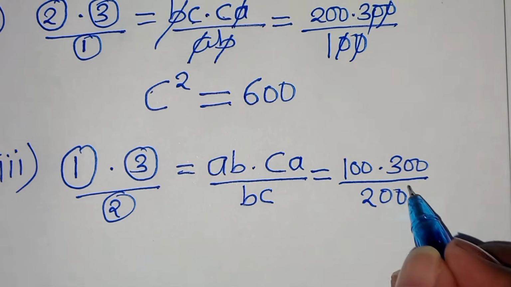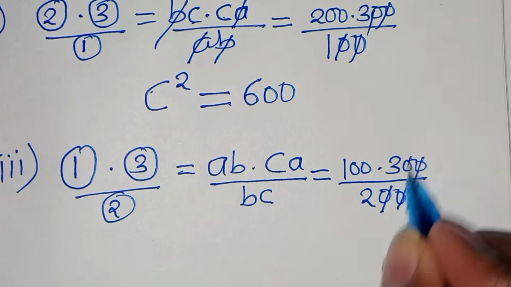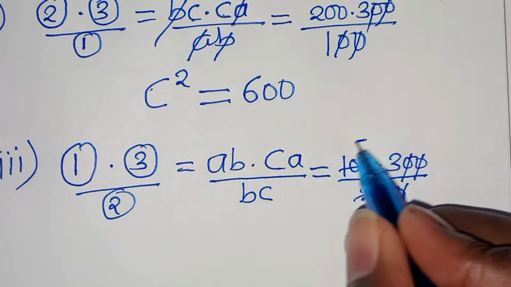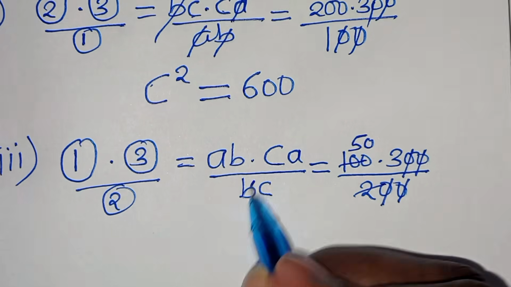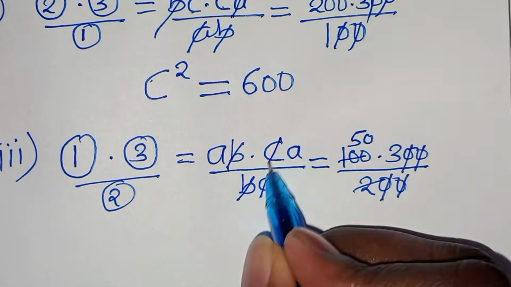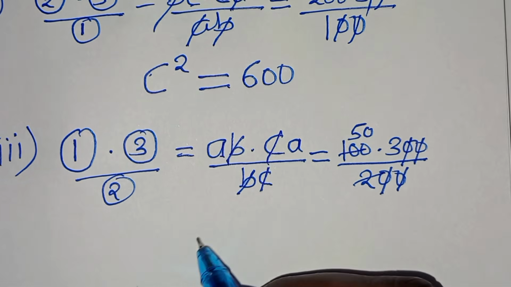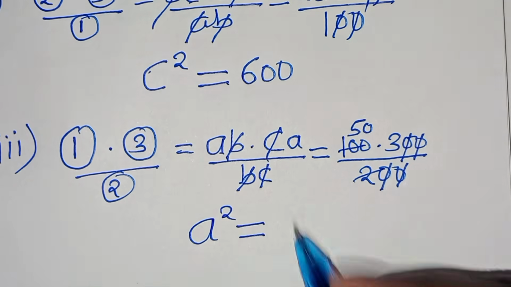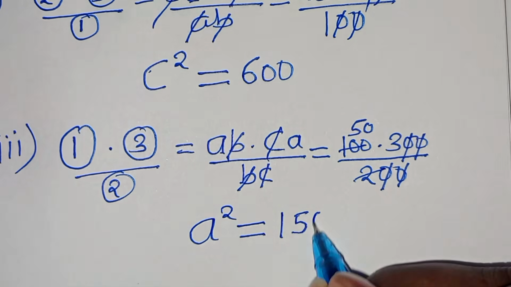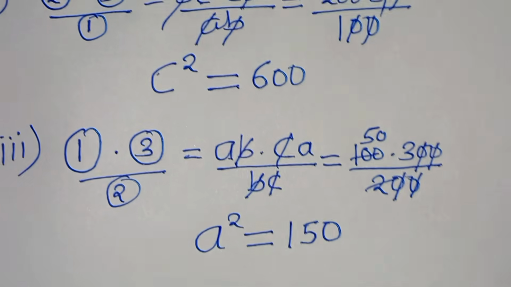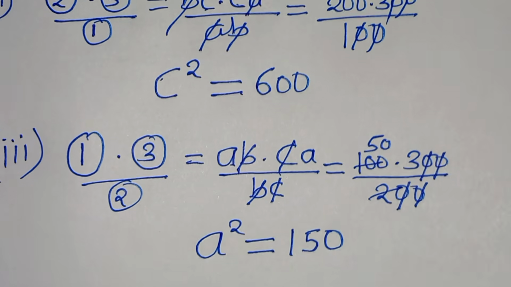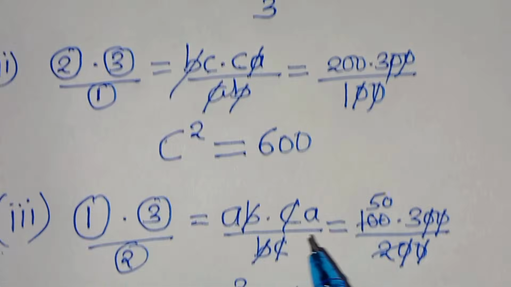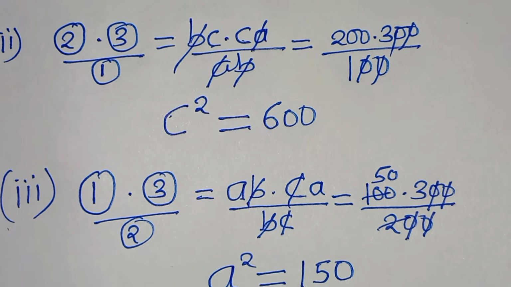So let's simplify here. So here we have 100 divided by 2, this is 50. And again here we simplify c and c. So a times a, this is a squared, and a squared is equal to 50 times 3, which is 150.